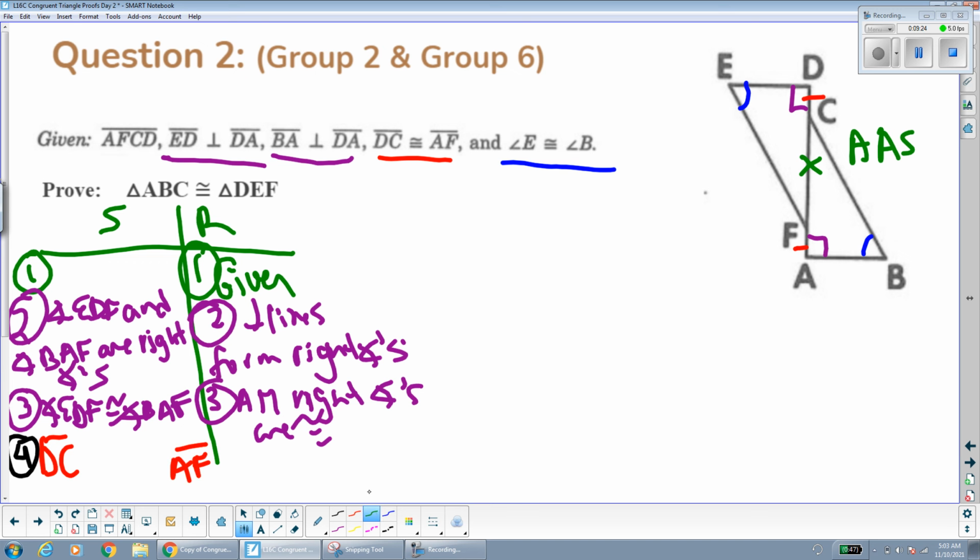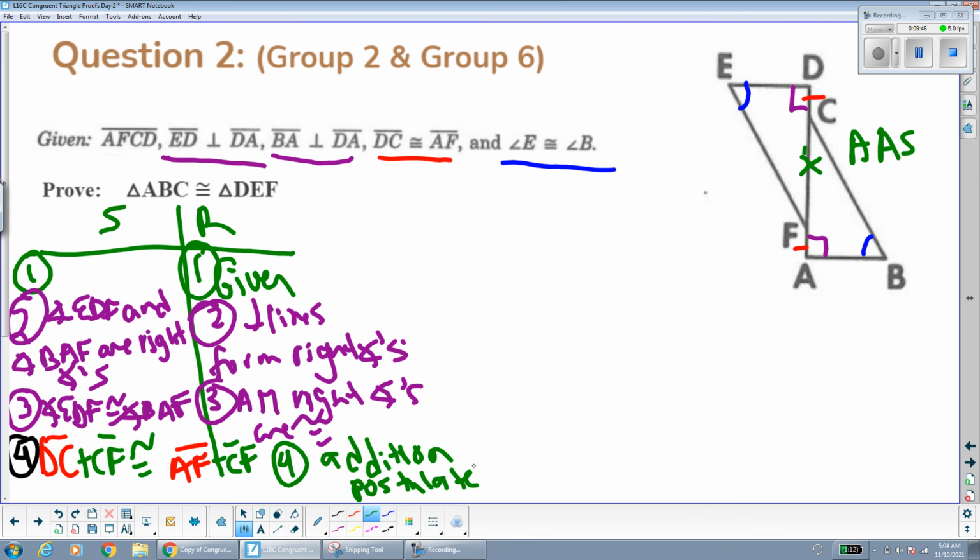And to each one, we said that we were going to be adding CF to get the full side of each triangle. But wait, in order to use addition, we need to be starting with two congruent segments. DC is congruent to AF, that was given to us. But we also need to be adding two congruent segments.